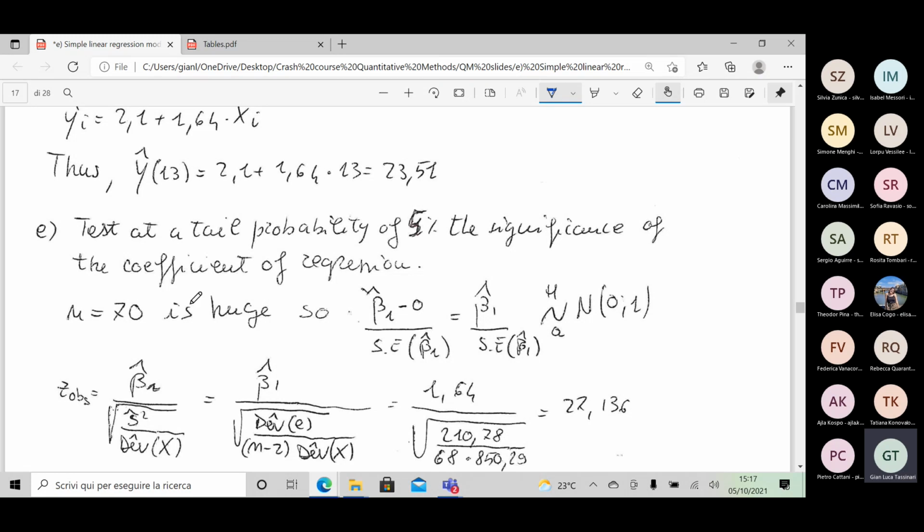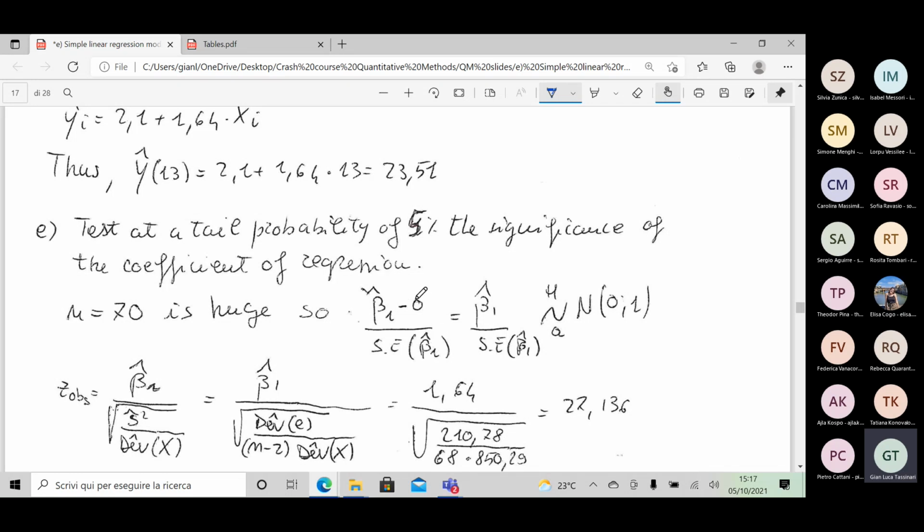However, we are in the case in which the dimension of the sample is 70. So look that you have to make this observation. N is 70, which is huge. Therefore, we know that the test statistic is the same because you have beta 1 hat minus beta 1,0 divided by the standard error of beta 1 hat.